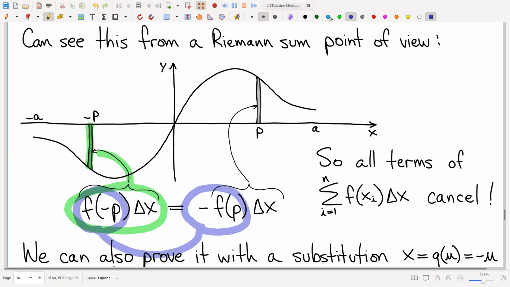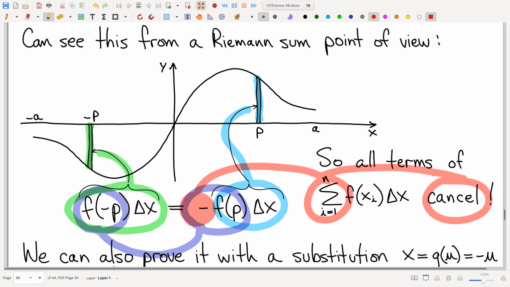And wait a second, that's related to this term in the summation. And so notice what I have all together then is that the blue and the green terms are negatives of each other. So in the summation, they cancel. Right, so that blue term of the Riemann sum, the green term of the Riemann sum, are exact negatives. Poof, puff of smoke, nothing left.